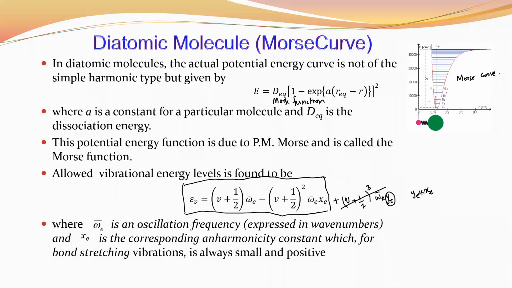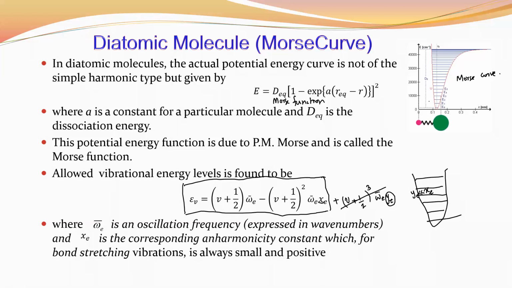Okay. Then what change will happen here when we look at this term? Look here. v plus half omega e bar corresponds to the harmonic oscillator. We know that in the case of the harmonic oscillator, the curve is a parabolic one and the energy levels are equally spaced. Then due to this additional quantity, what happened here?